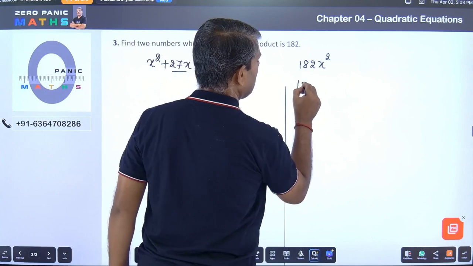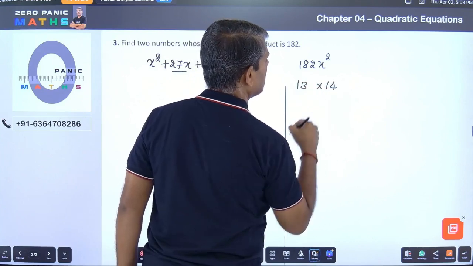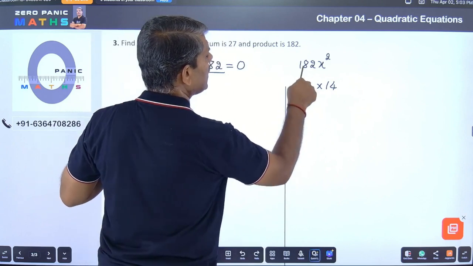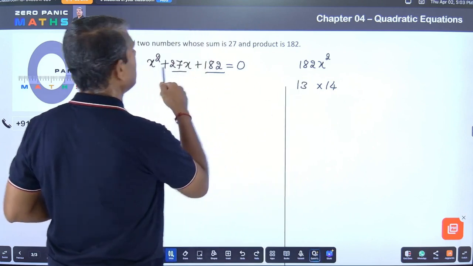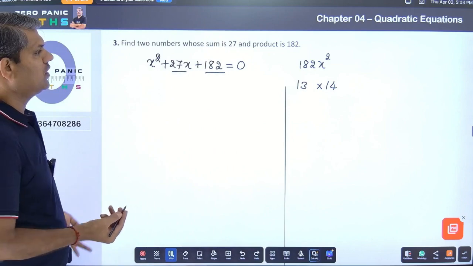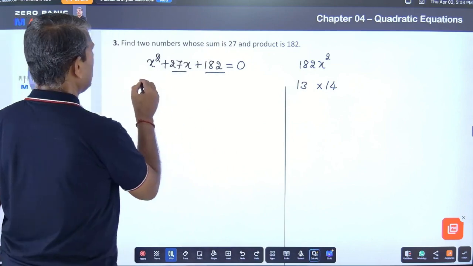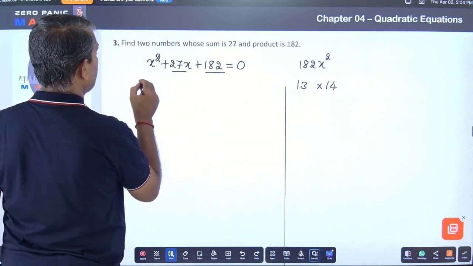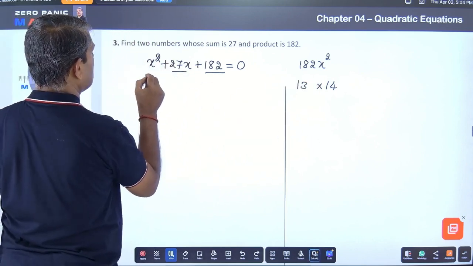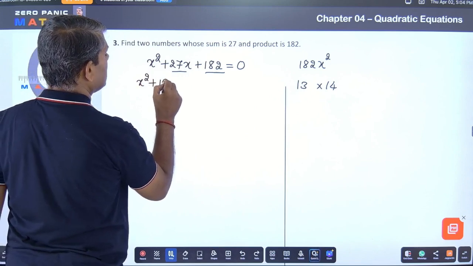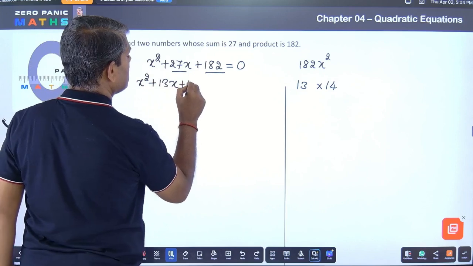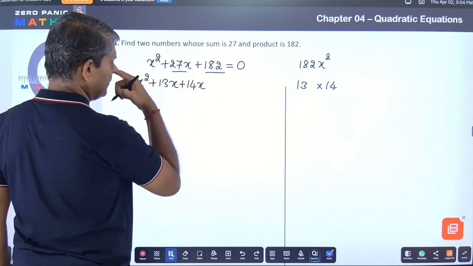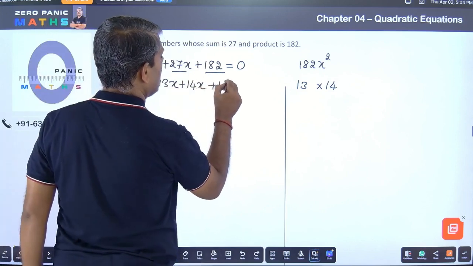You see, 13 times 14 is 182 and 13 plus 14 gives you 27. It's that easy actually. Let us substitute 13 and 14 to split 27: x square plus 13x plus 14x plus 182.